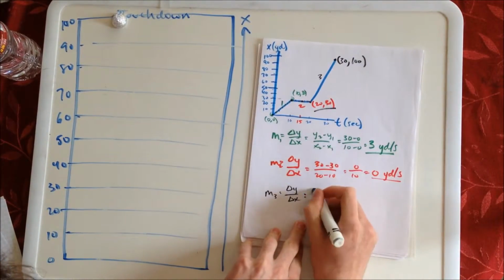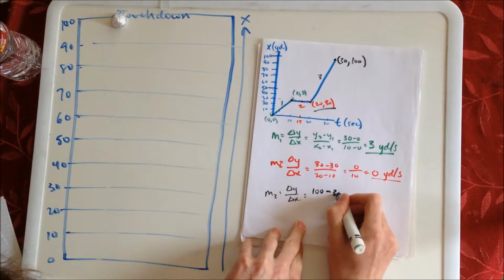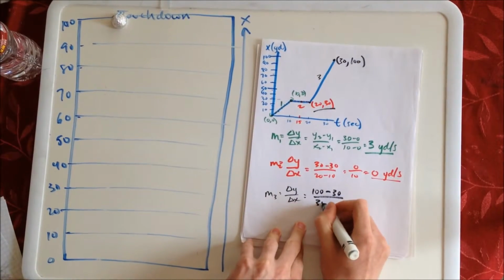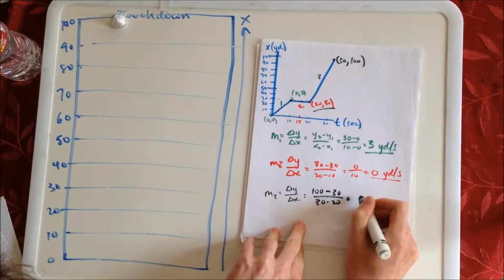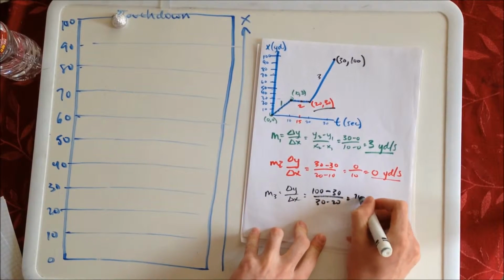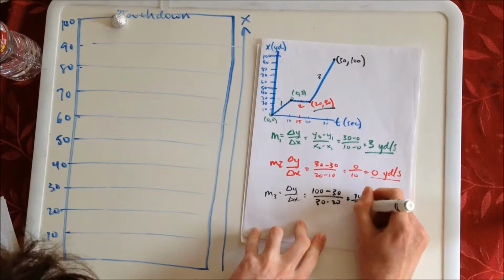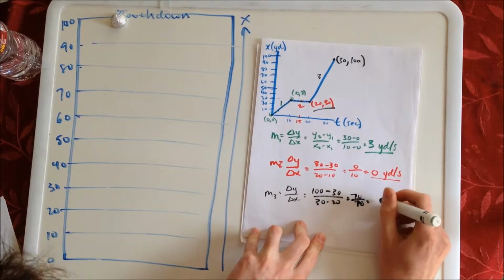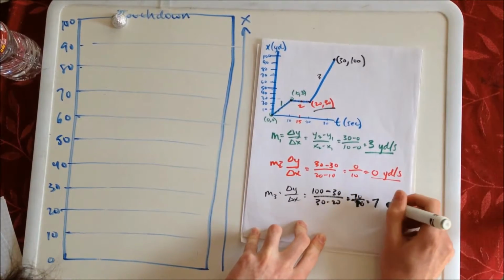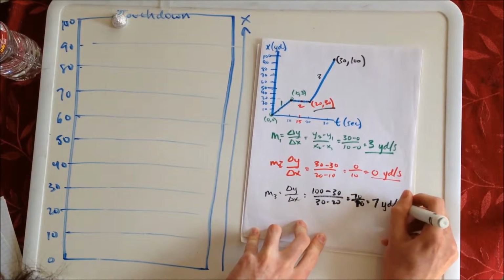So y2 minus y1 over x2 minus x1, that'd be 70 divided by 10, which equals 7 yards per second.